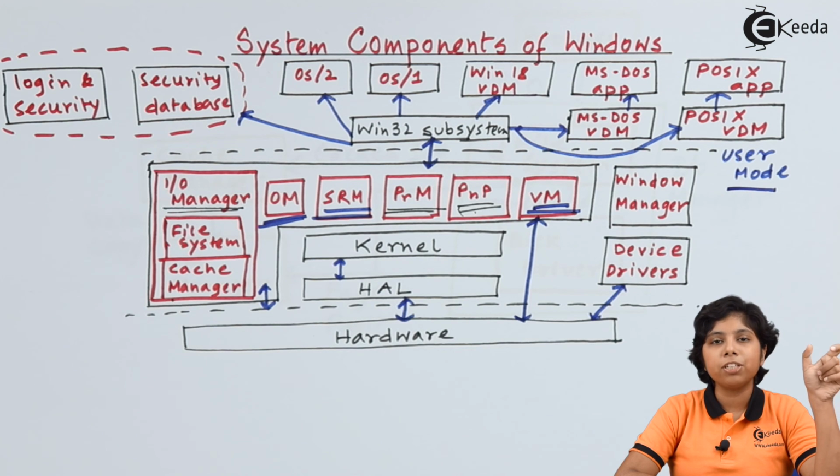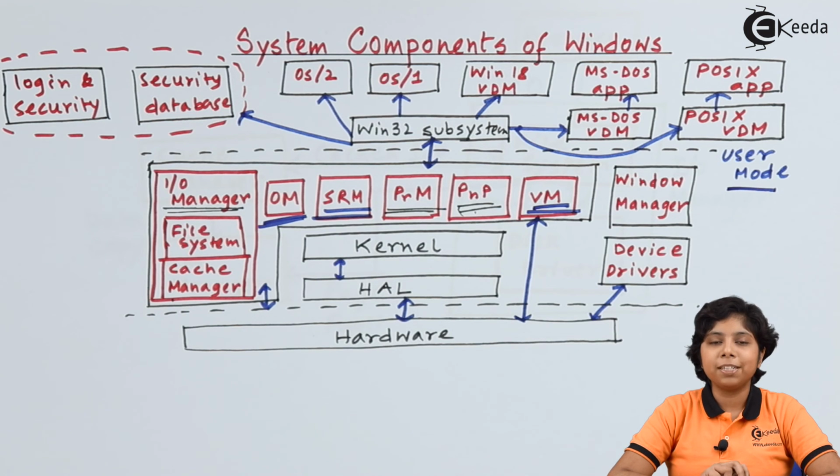And this registry will support booting, that is the power-on self test, which gets the operating system kernel loaded into the main memory and starts its execution from the beginning of the address space decided for that kernel. So those are all the system components of a Windows operating system.